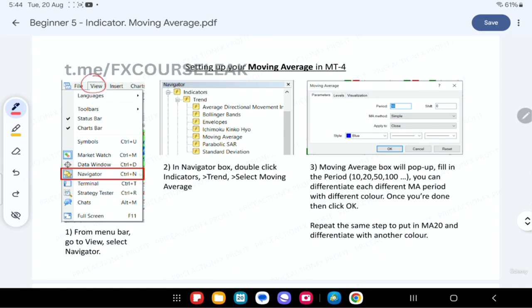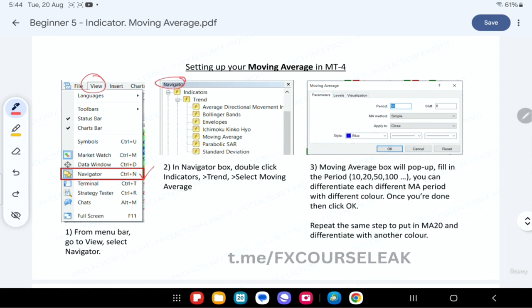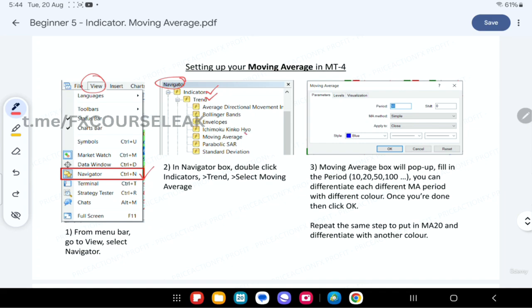Click in and look for Navigator. The moment you click Navigator, a Navigator box pops up, and inside it, under Indicators, there's a Trend folder. Double click the Trend folder and you will find Moving Average in it.